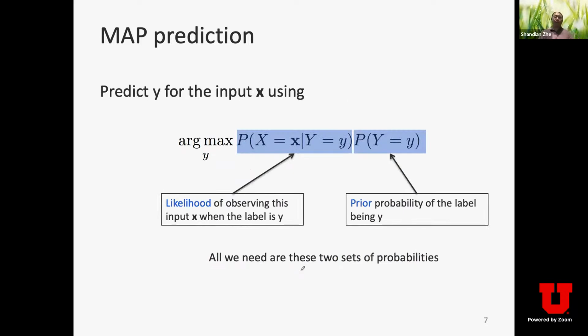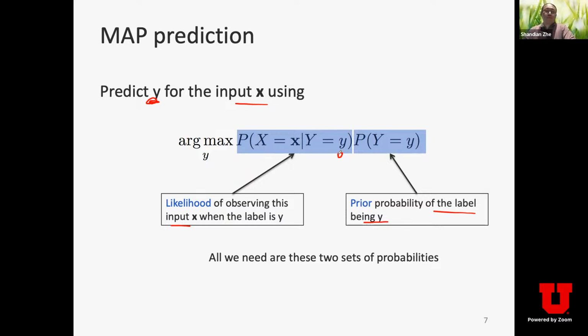So the structure is as follows. When we do the prediction of the label Y given some input feature vector X, we just maximize the product where one term is the prior probability of the label being a particular label y, 0 or 1, and the other term is the likelihood of observing this input X when you take this label small y.